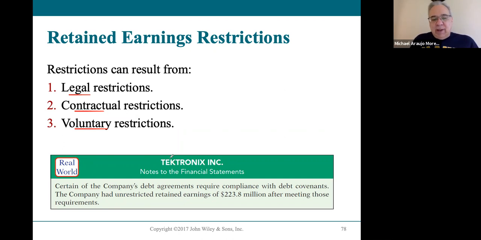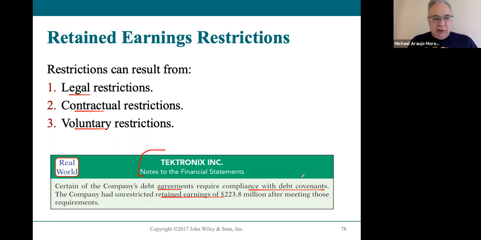So for example, here in the notes to Tektronix, they have a debt agreement. So they have a contract as part of a debt covenant that they have to put aside a certain amount of retained earnings to meet that obligation to their bondholders.